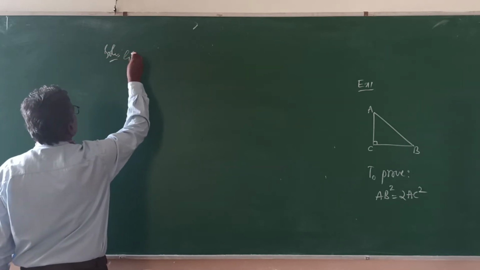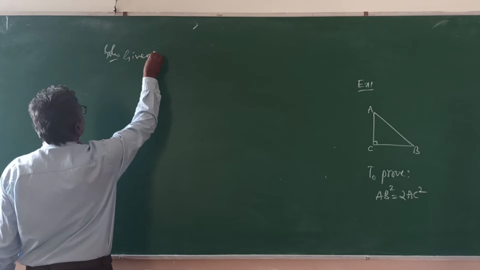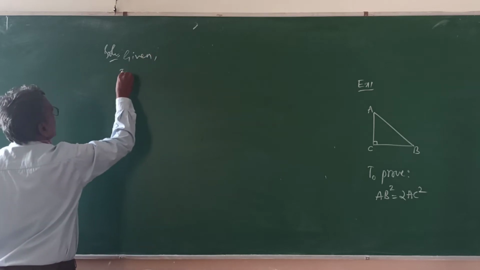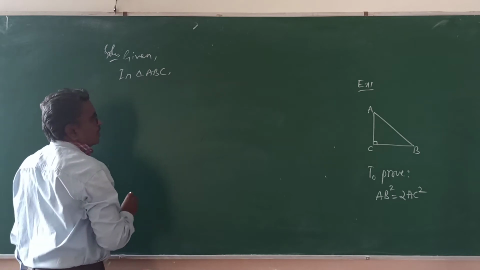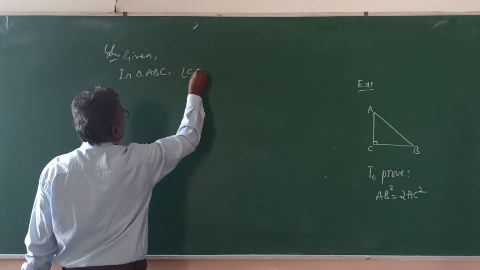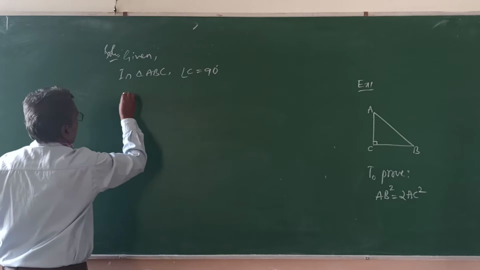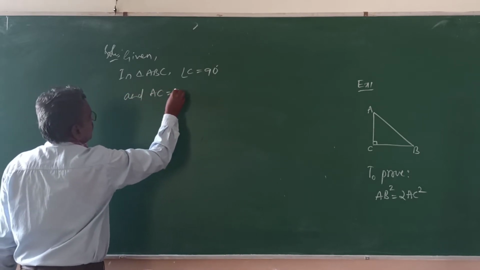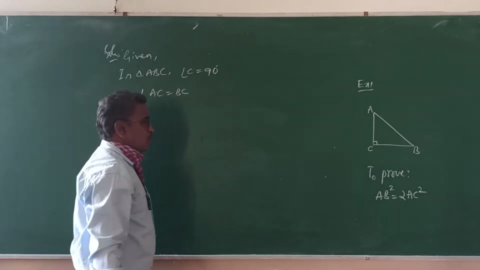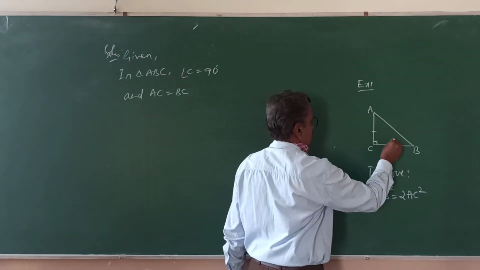Yes, what is given? Given that in triangle ABC, angle C is equal to 90 degree and AC is equal to BC. Other than the hypotenuse, they are equal.